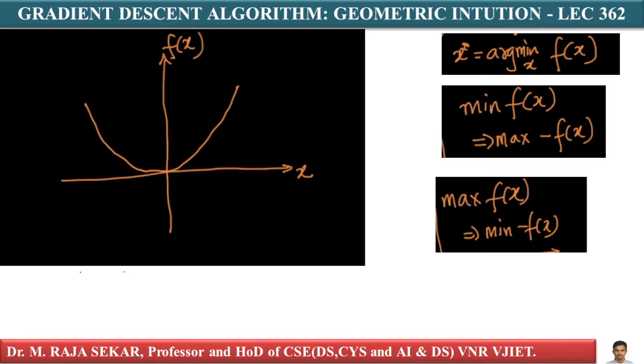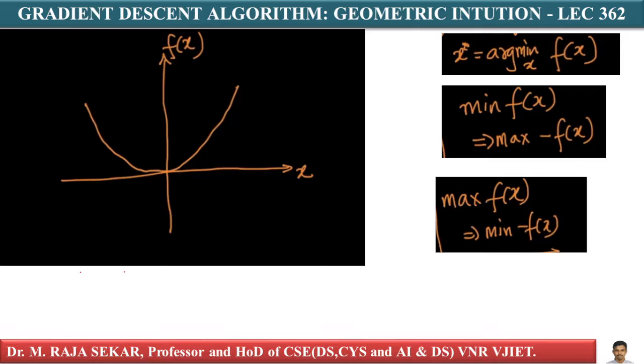This is a very simple rule in optimization. So if you know minima, you can do the same thing for maxima just by changing the sign of the function. Hence, let's study for minima.